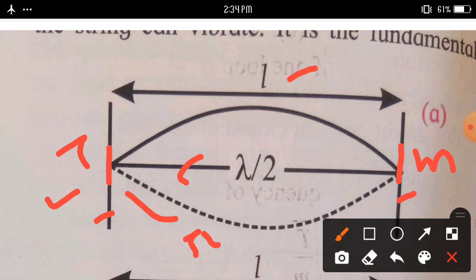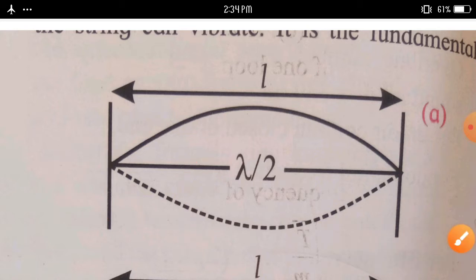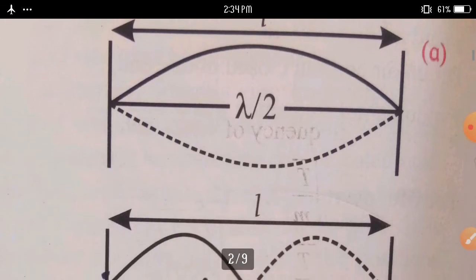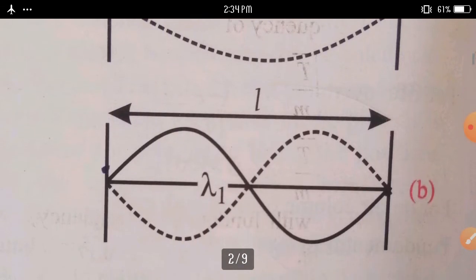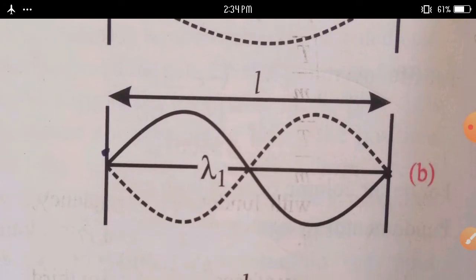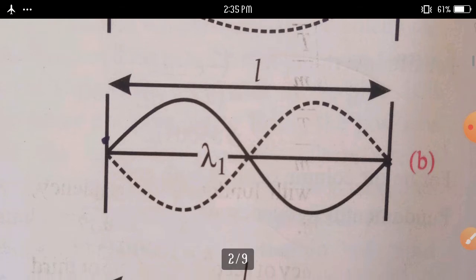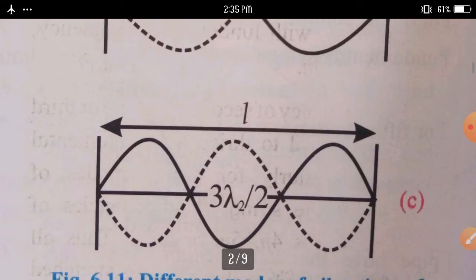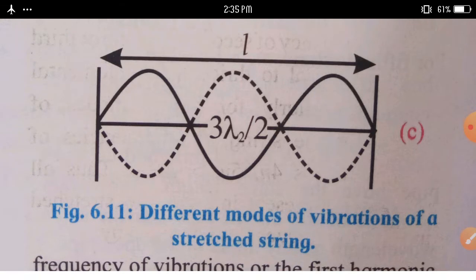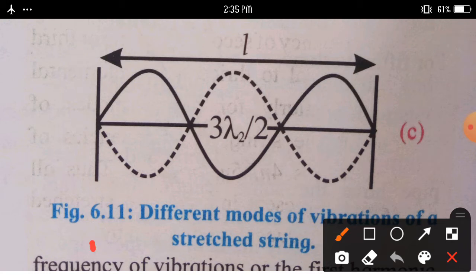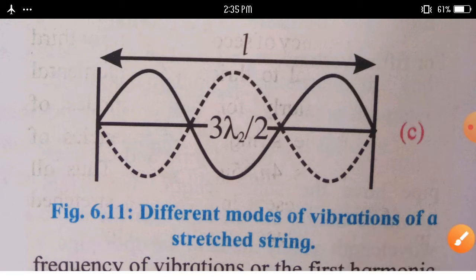The string vibrates with different modes of vibration. See this diagram. This is the first mode of vibration. Next, this is the second mode of vibration, and the third one is the third mode of vibration. These are the different modes of vibration of a stretched string.